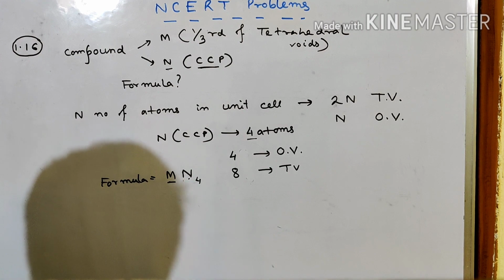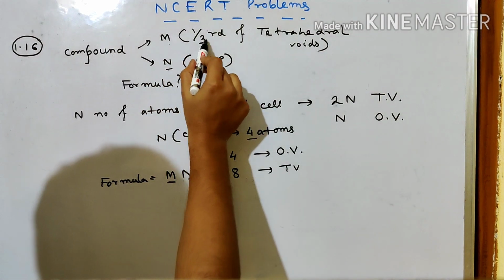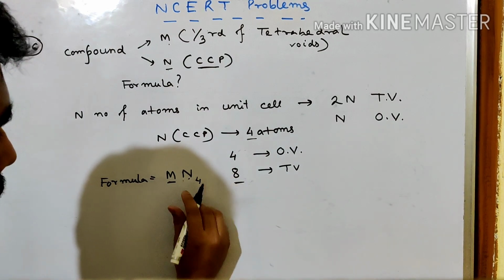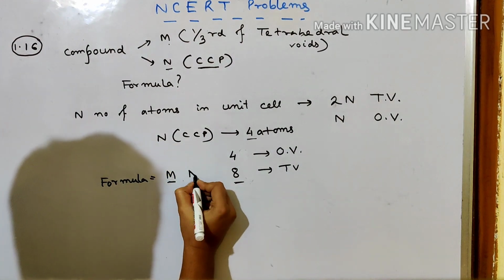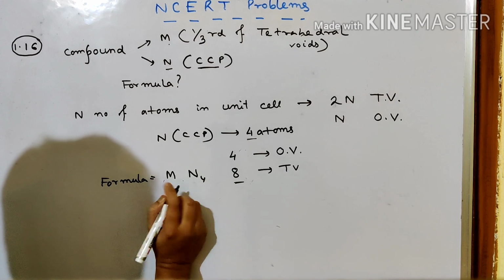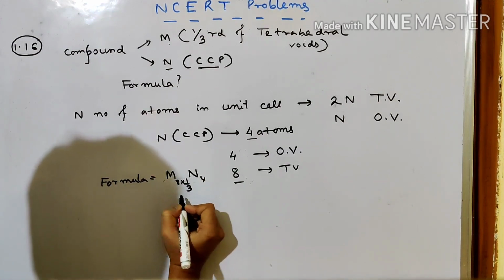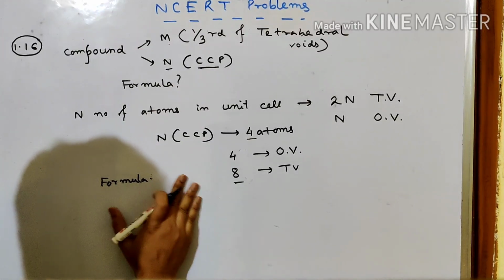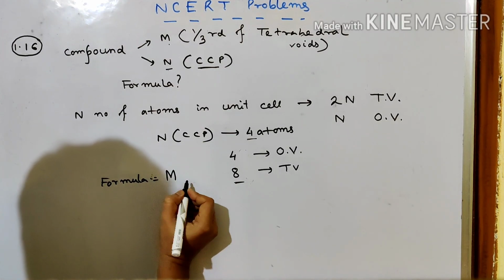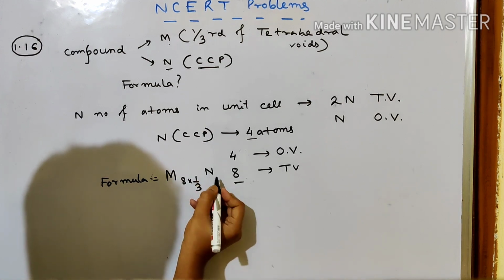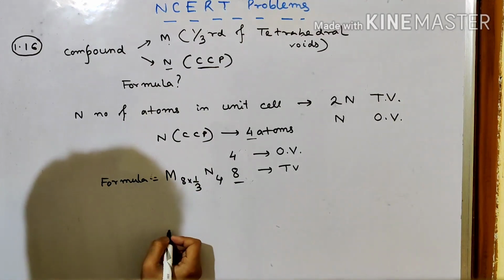But what will be the situation of M? It occupies only 1/3 of the tetrahedral voids and there are 8 tetrahedral voids. So M is 8 into 1/3, and N is 4.